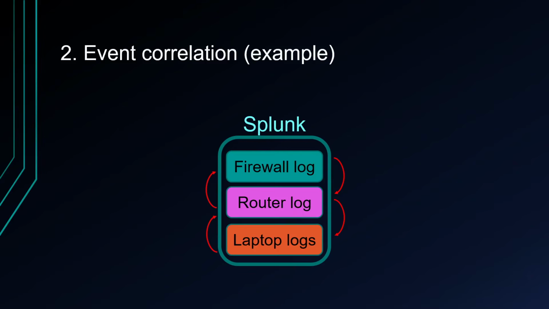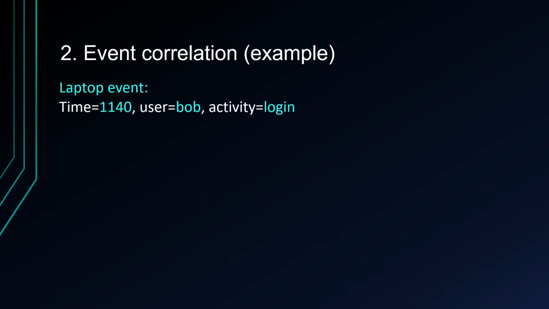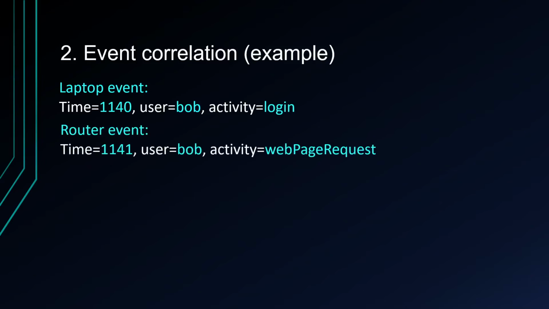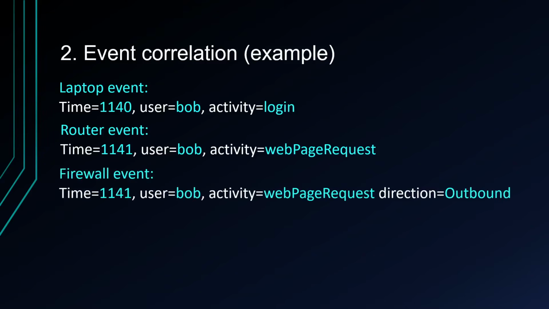So let's dig deeper. From the laptop event logs, we see that at 11:40, the user Bob logged in. And then from the router event logs, we see that at 11:41, a minute later, the user Bob performed a web page request out to a website.